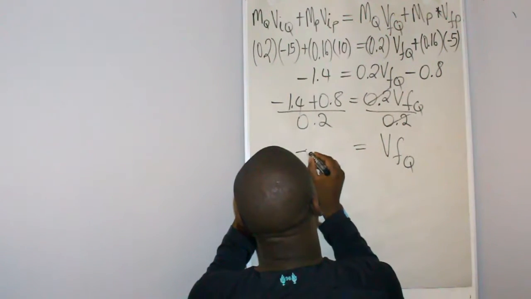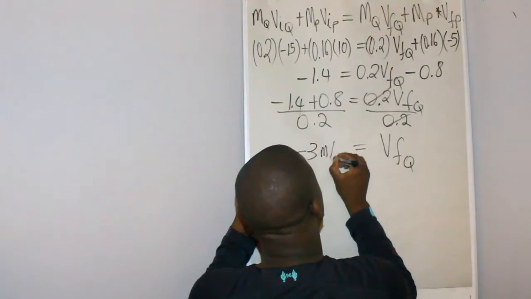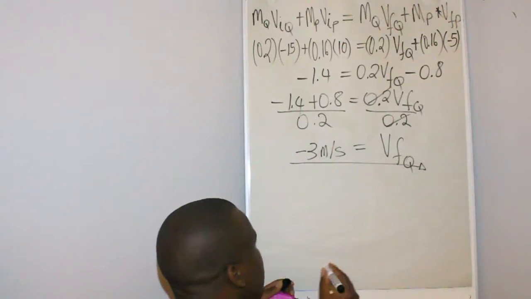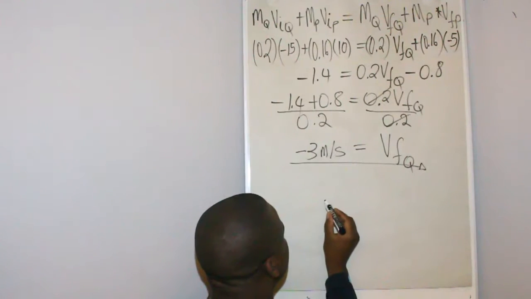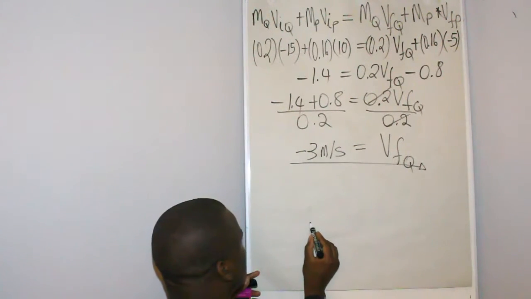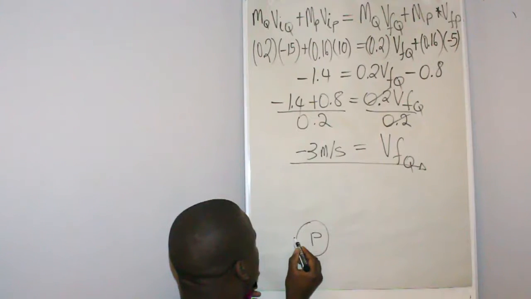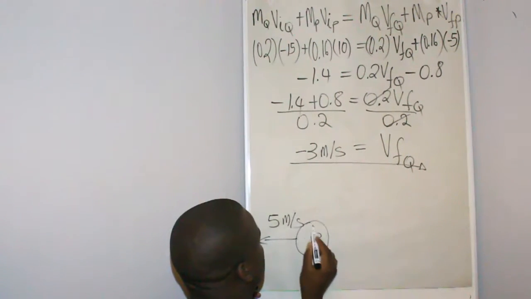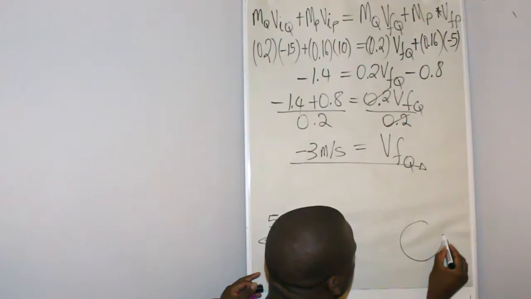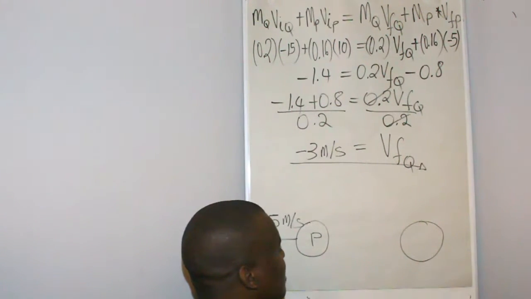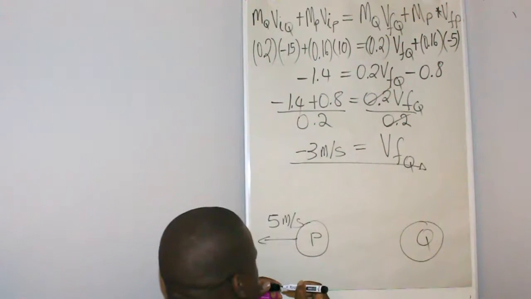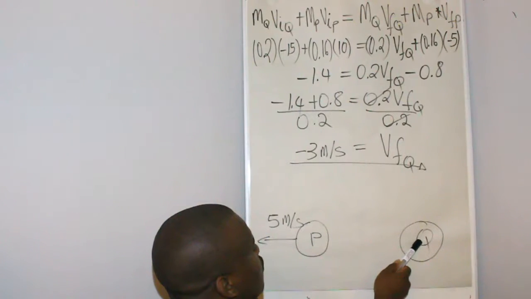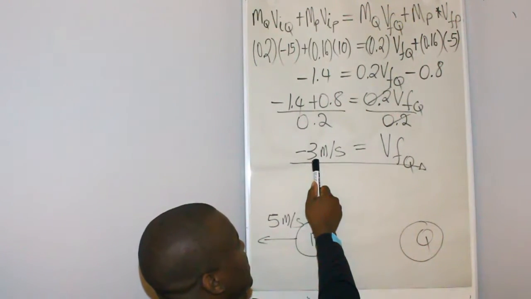And the answer is negative 3 meters per second. So this is the velocity. What does this mean? Since ball P was moving in this direction at 5 meters per second, and ball Q was just left here with no direction, you have now calculated that the velocity of ball Q after the collision is 3 meters per second.